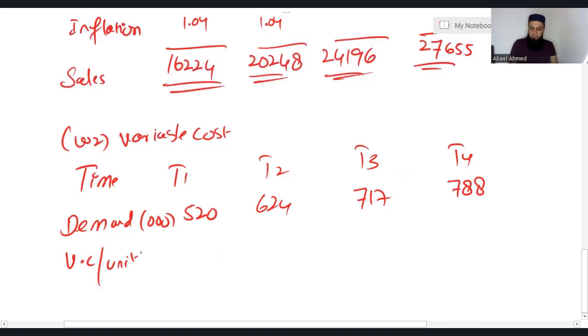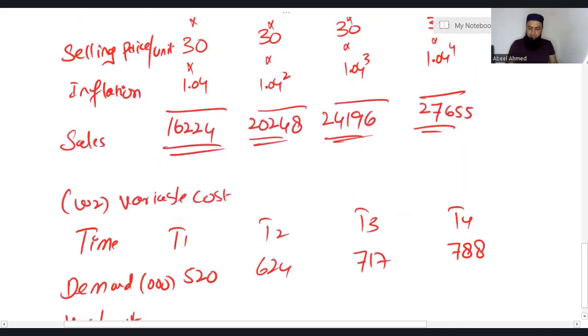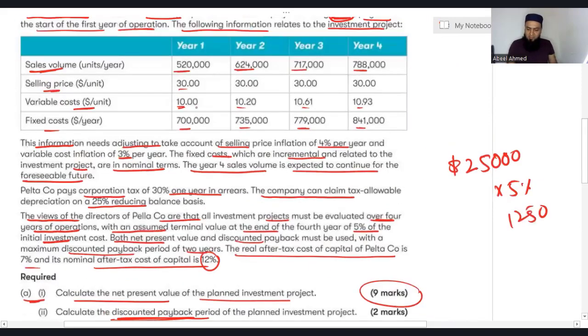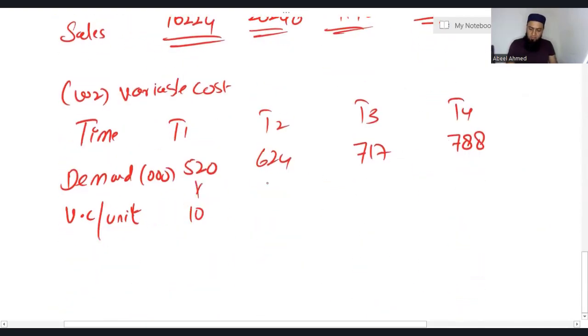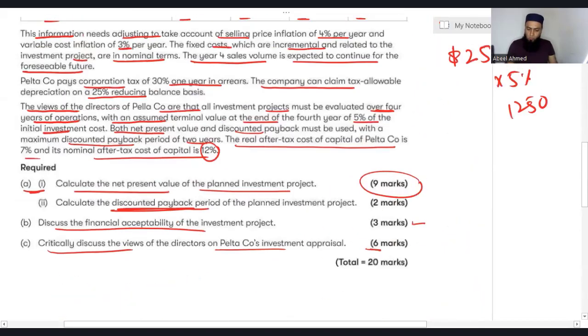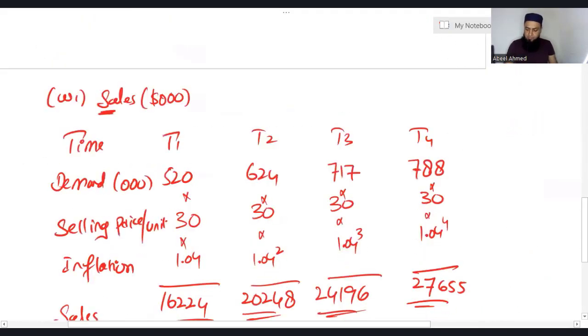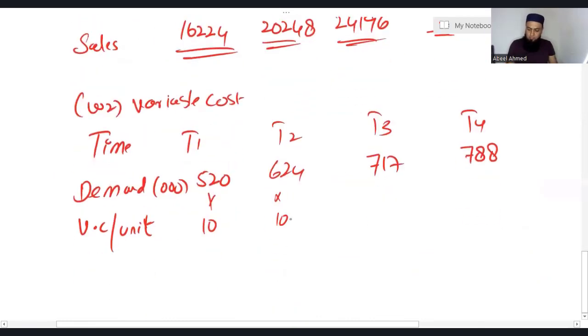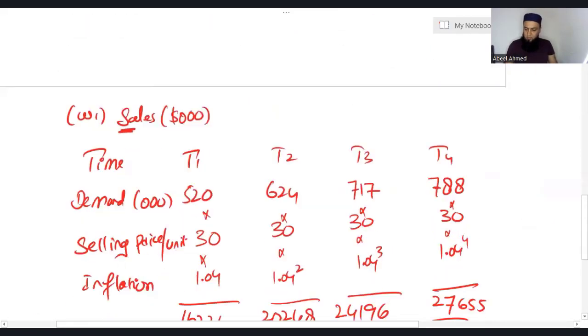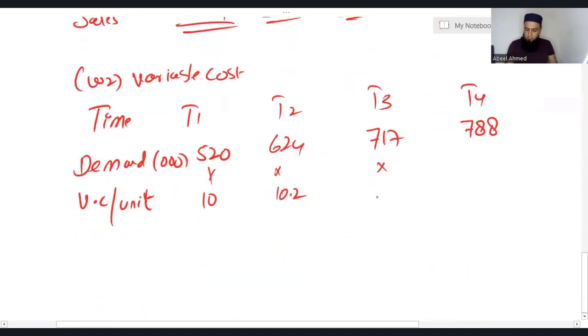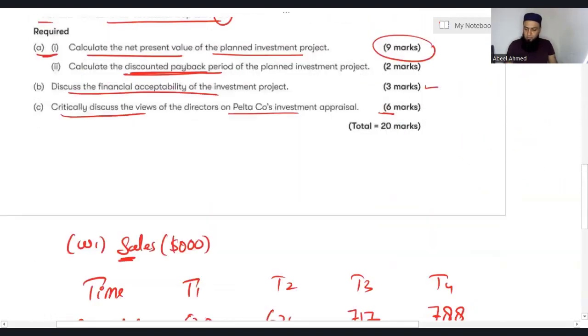Variable cost per unit is 10, 10.2, 10.61, then 10.93.